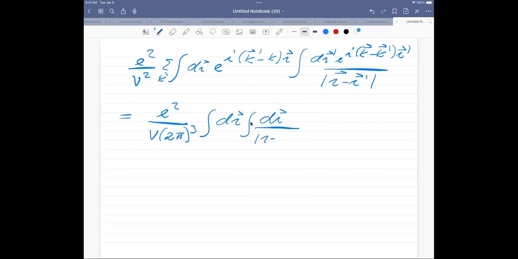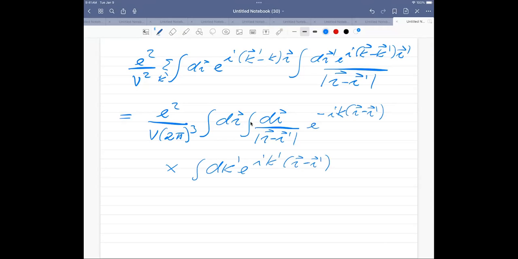And then I have my terms, which go like e to the minus i k times r minus r prime, multiplied with the next integral, which is the integral over dk prime of e to the i k prime times r minus r prime.